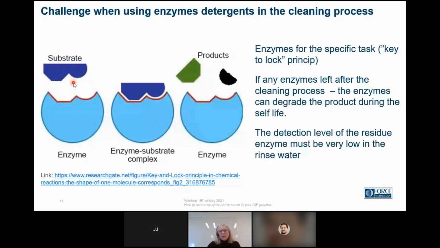It is a product, biofilm formation in the equipment. So if there are any enzymes left after the cleaning process, they can degrade the product during the shelf life. This means that if we are using enzymes in the cleaning process, it is very important that the detection level of the residue enzymes must be very low in the rinse water.